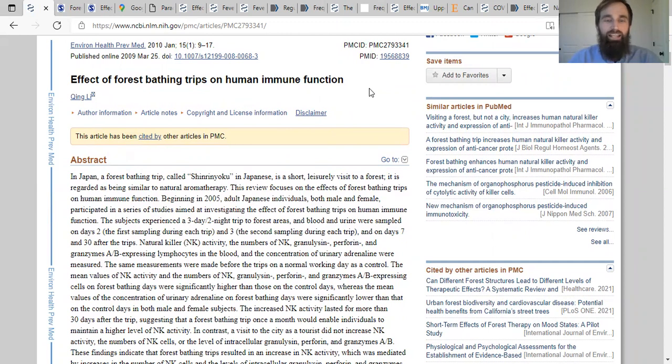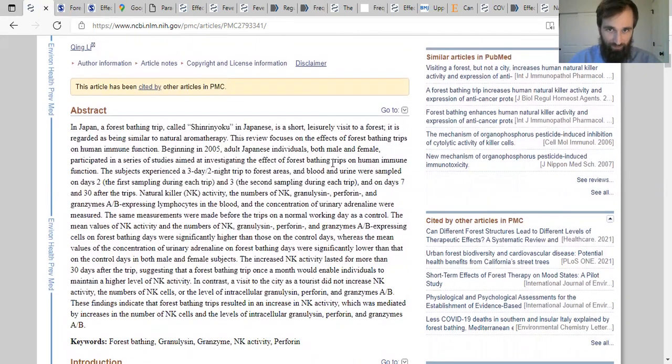They took a look at the natural killer cells and the enzymes, the 4 or 5 enzymes that help activate the natural killer cell function. And in this study, they had people stay for a 3-day, 2-night trip to the forest area, and they measured the natural killer cell enzymes, not the natural killer cells themselves, but the enzymes that activate the natural killer cells.